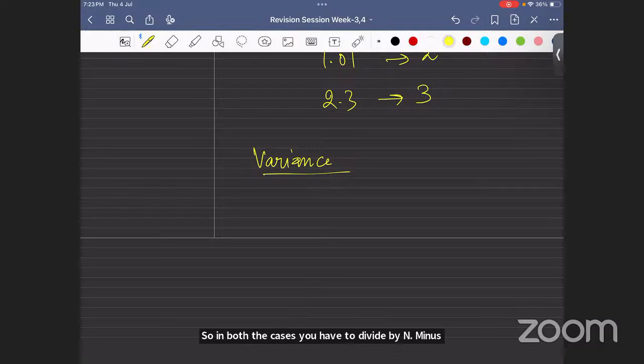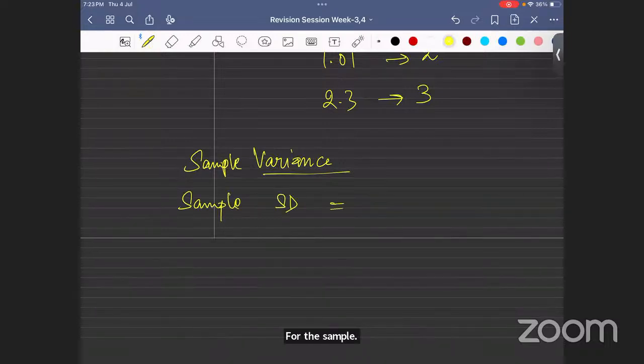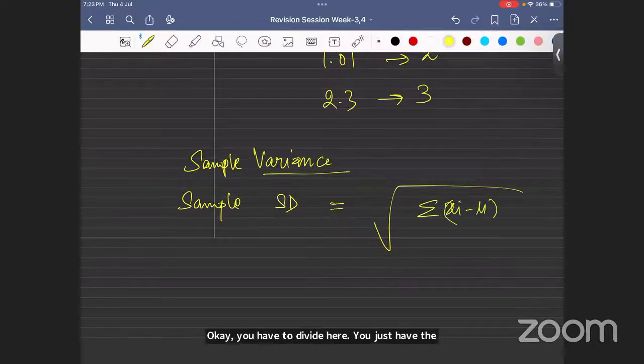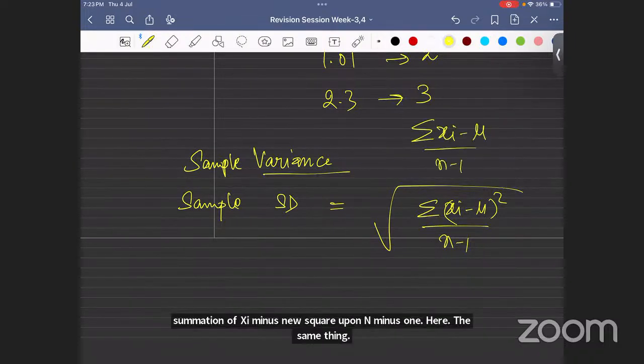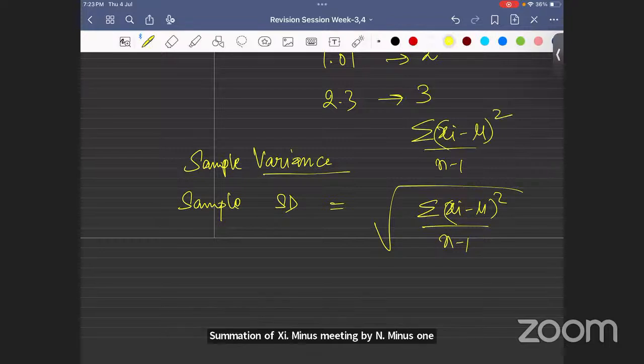For the sample variance, you have the summation of xi minus mu whole square upon n minus 1. For the standard deviation, the same thing under a square root. For the population, you divide by n. For the sample, you divide by n minus 1.